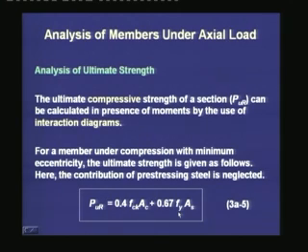Now, in this expression, the contribution of prestressing steel has been neglected. Usually, the area of prestressing steel is very small and it need not be considered in considering the compressive strength of an axially loaded member.